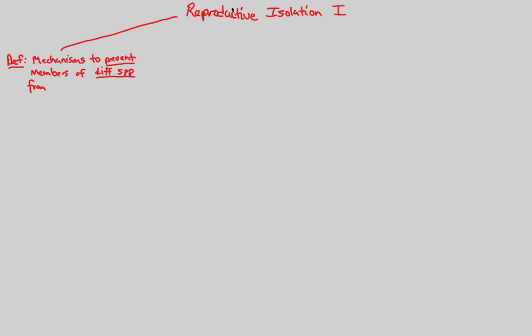Well, we want to reproductively isolate things. So we want to prevent things that are not within the same species from interbreeding, from undergoing any sort of reproductive events. We want to isolate reproduction in a nutshell. And also we want to make sure that through this prevention of interbreeding, what have we also prevented?